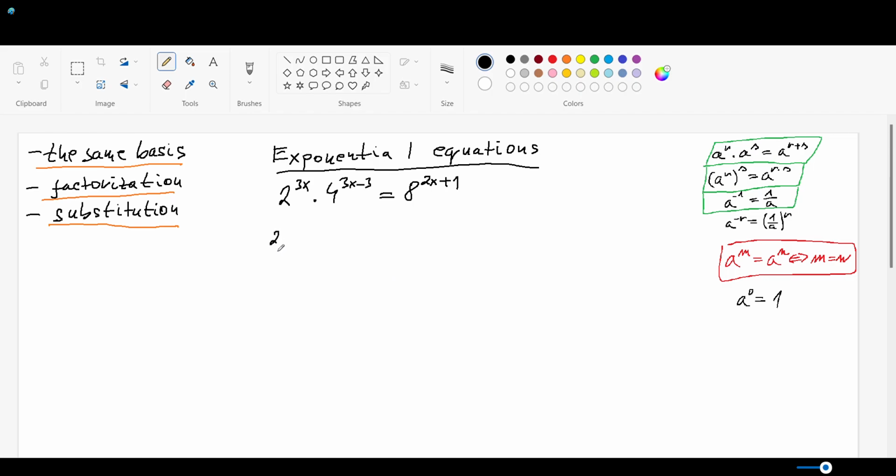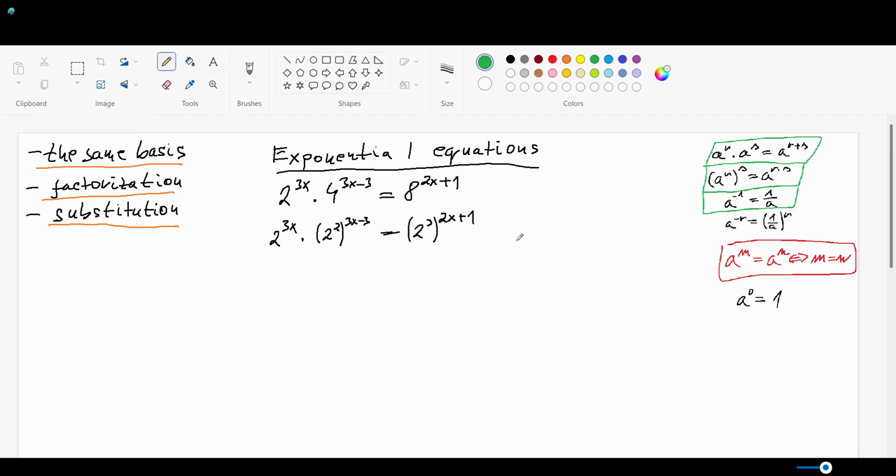Okay, so let's use this fact, and our equation will become 2 to the power of 3x times 2 to the power of 2 to the power of 3x minus 3 is equal to 2 to the power of 3 to the power of 2x plus 1.